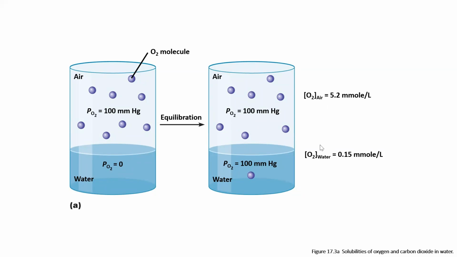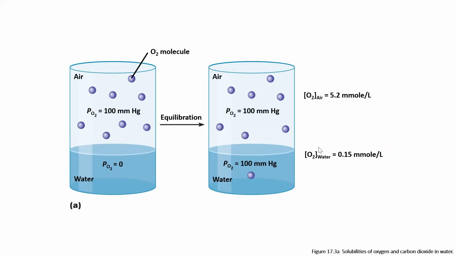And what that further illustrates is that oxygen does not dissolve very nicely in water, right? We only have 0.15 millimoles of oxygen in terms of the liquid or dissolved gas molecules, whereas in the vaporized form, we had 5.2 millimoles per liter, okay?